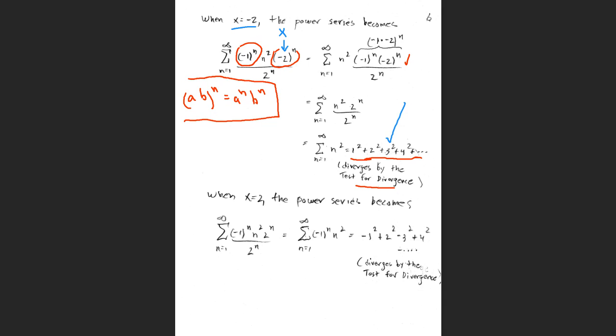Now, what about when x equals 2? Well, when x equals 2, this is what the power series becomes. Here, I'm substituting 2 in for x, and we get some simplification here. 2 to the nth power simplifies out with 2 to the nth power.